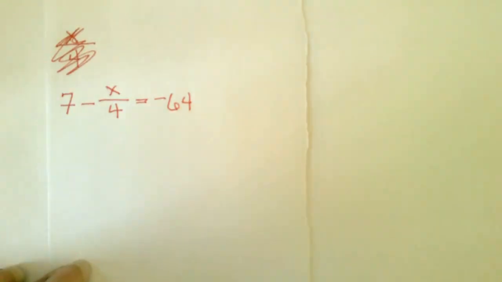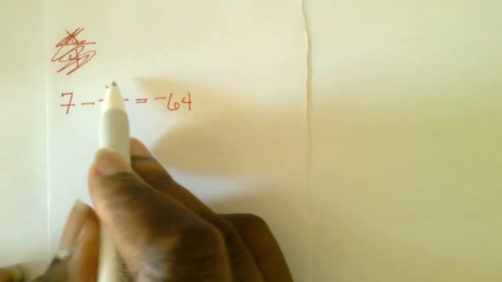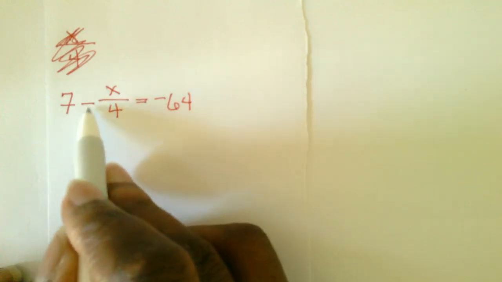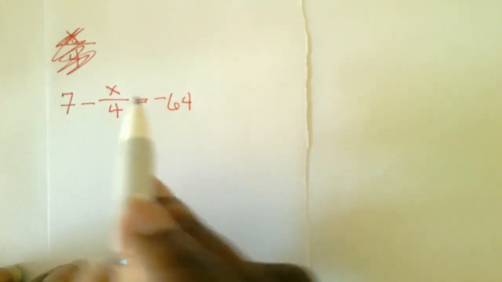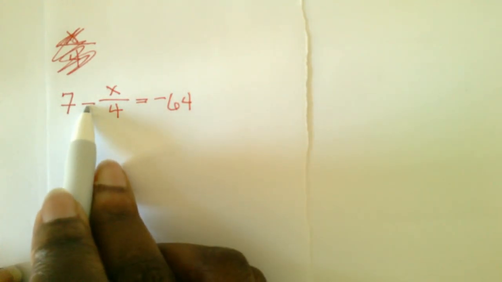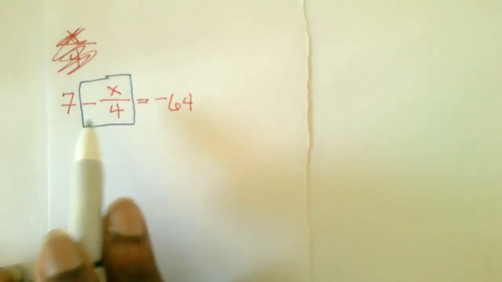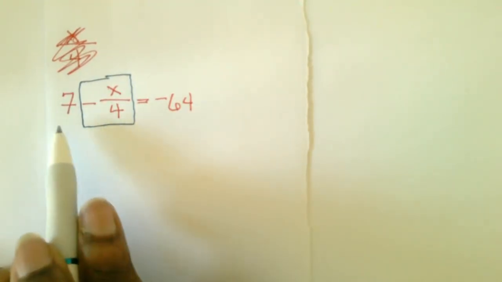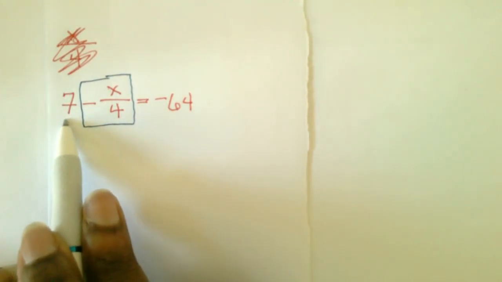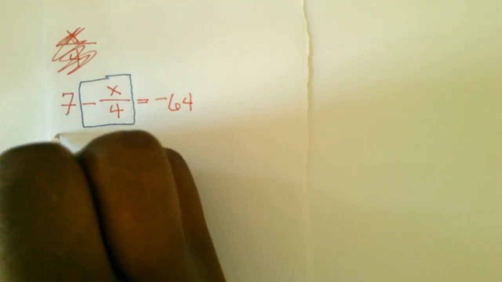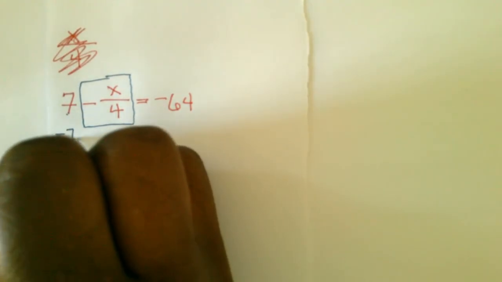So, in order for me to solve for an x, I need to isolate it. Right now, this is not minus x over 4 anymore. This is a negative x over 4. That's going to stay right where it is. So we need to get rid of this 7. So a positive 7, the inverse is a negative 7.